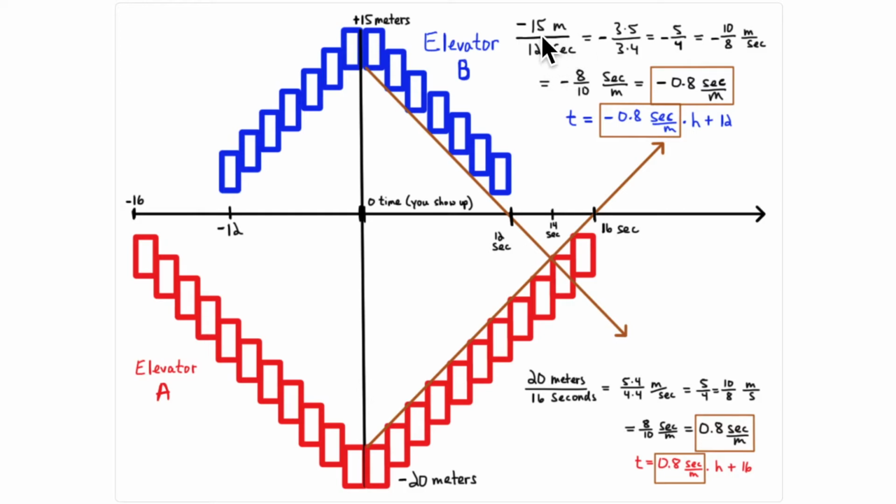So you do the calculation, that turns out to be a negative 10/8, or actually a negative 5/4 meters per second, but I'm going to leave it as 10/8, because then you use the reciprocal of that. You want seconds per meter. Now, dealing with these units is going to take a long time to understand and get comfortable with. Not sure where in the curriculum they're going to give you that much practice, but this is hard.